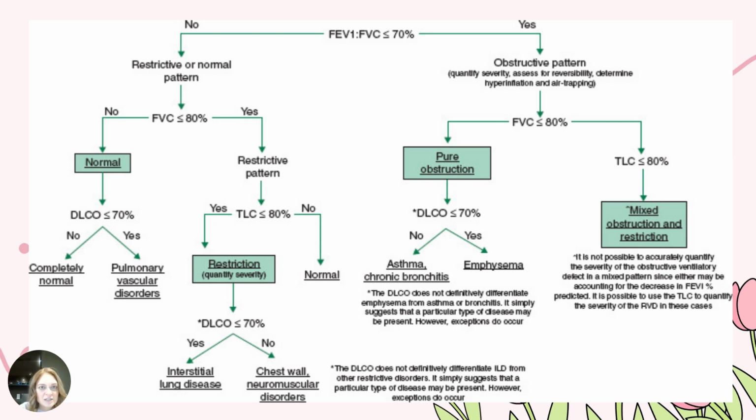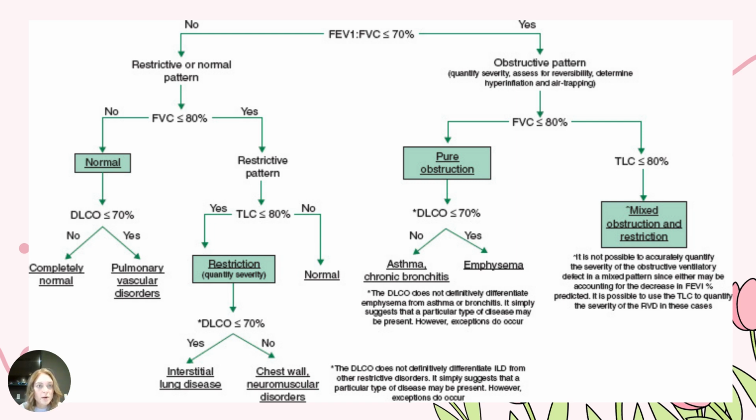As you can see at the top, if that ratio is less than or equal to 70%, then we have an obstructive pattern going on most likely. If that patient's FEV1/FVC ratio is not less than or equal to 70%, the patient could be normal.